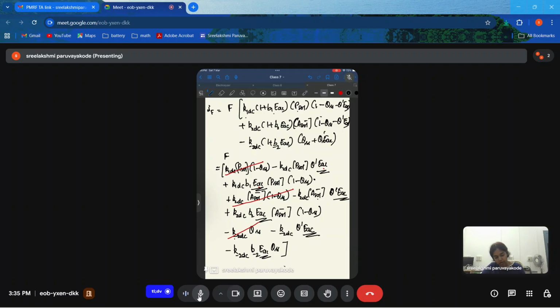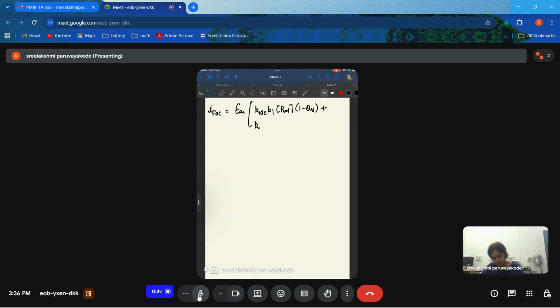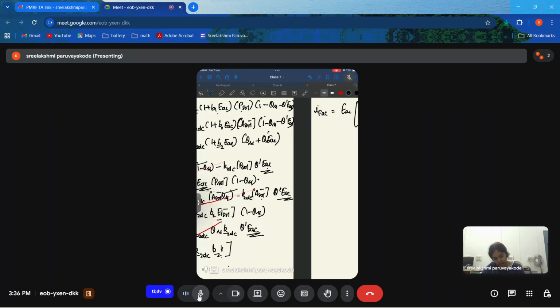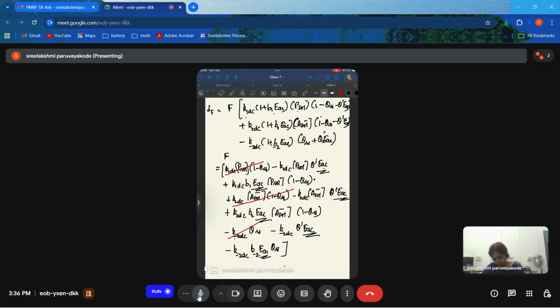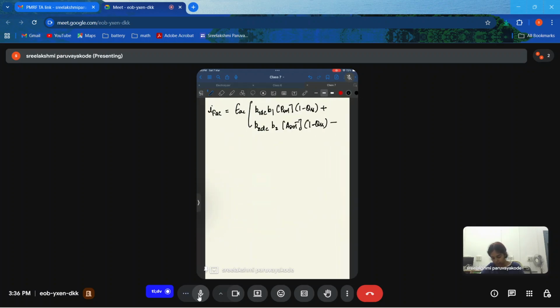The next term has theta dash, but the next term, K2 DC B2 A solution minus 1 minus theta SS, doesn't have. Now let me see the last term, that also doesn't have theta dash. So that becomes minus K minus 2 DC B minus 2 theta SS. So all these terms are those without theta dash.